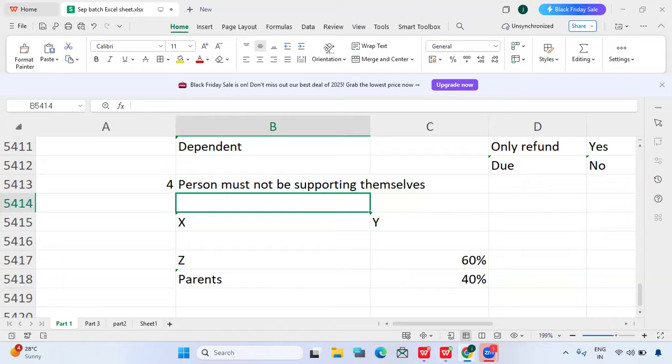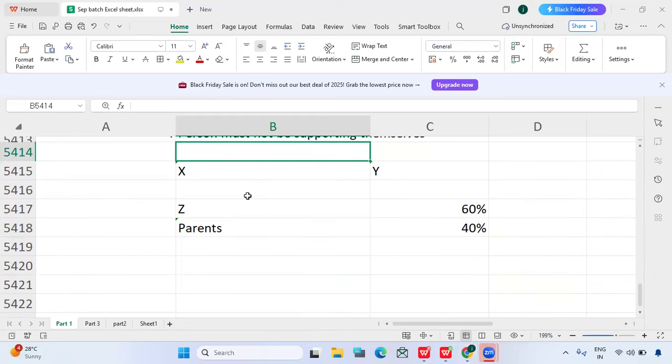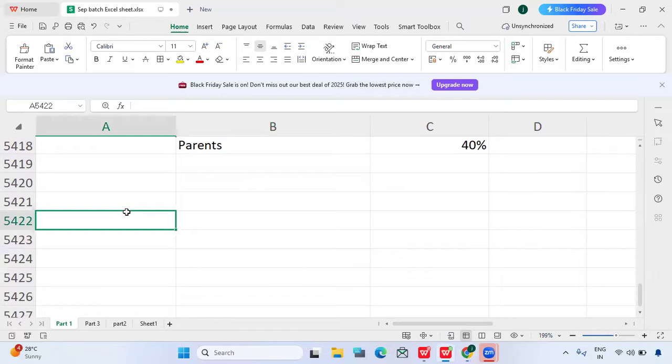Guys, the four general tests. Can anyone quickly tell me what the four general tests are? To consider a person as a dependent, what are the four important general tests we are going to check? A dependent cannot claim another dependent.